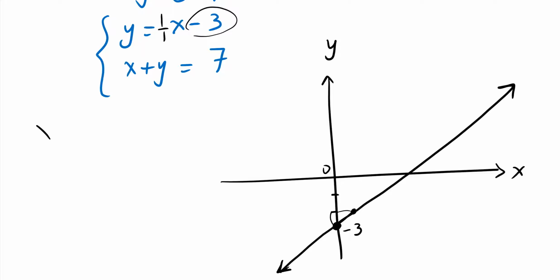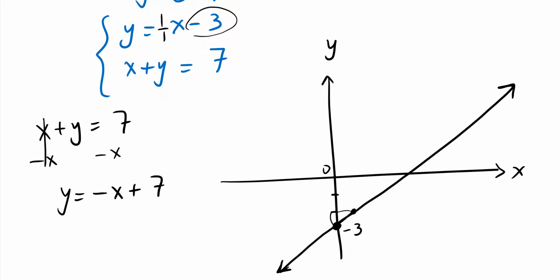Now for the second line, we need to solve for y first. So subtract x on both sides. You get y equals -x plus 7. So the y-intercept is 7. Maybe I should extend this line a little bit more up. So we got 1, 2, 3, 4, 5, 6, 7.